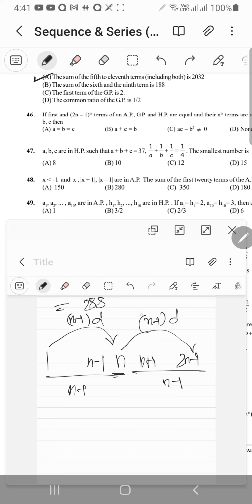So this is the first term, nth term, and 2n minus 1 term, they are in AP. Similarly, if this was an HP, then you would take the reciprocals and do the same thing. So that means, yes, n is all three of them. Yeah, makes perfect sense.